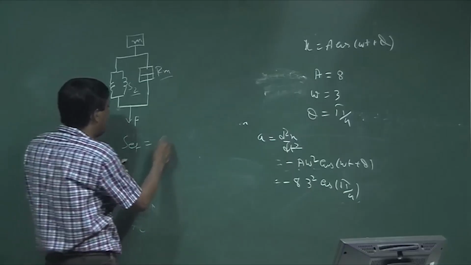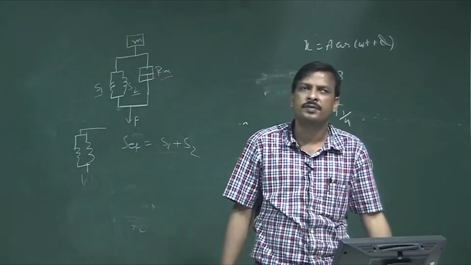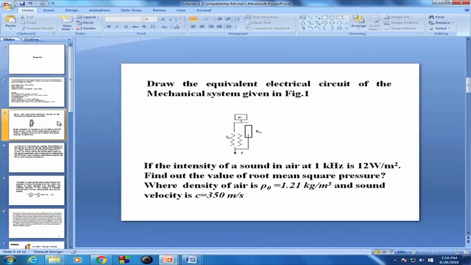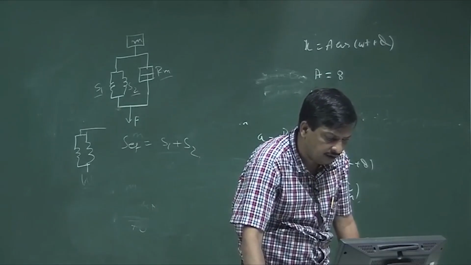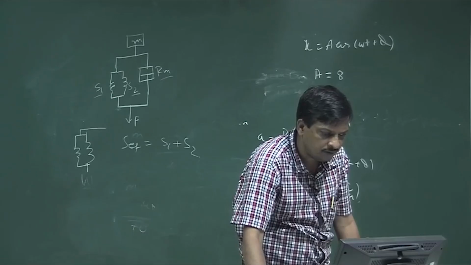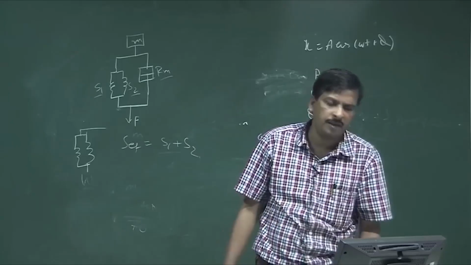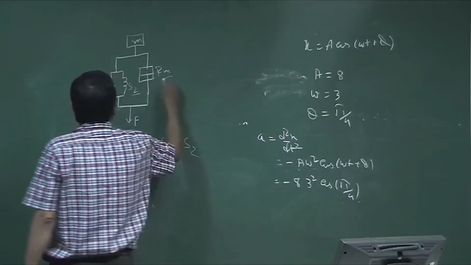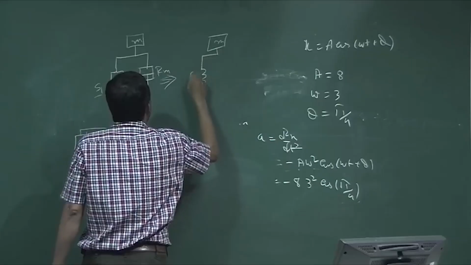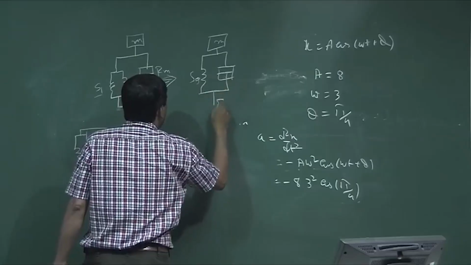If two springs are in parallel, it is nothing but S1 plus S2. So, I can replace these circuits by an equivalent mechanical circuit: M, this is S effective, then there is a mechanical resistance, and then a force is applied in here.